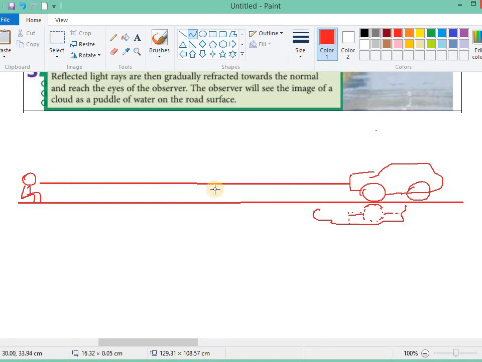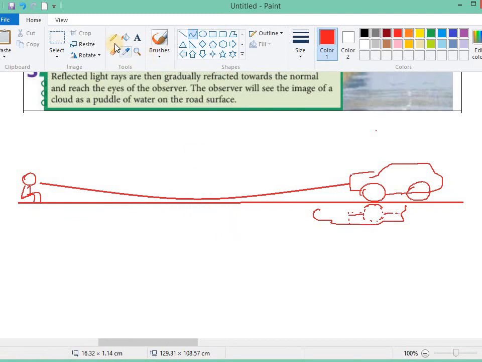the light band refracts and refracts. The light refracts and reflects under total internal reflection, bends up like this, and goes into your eye.